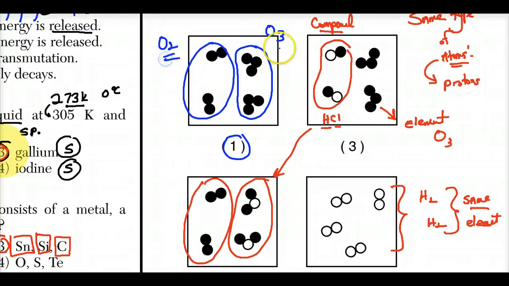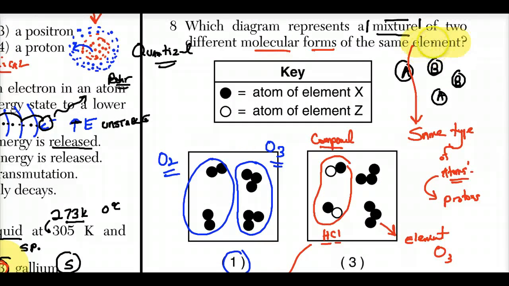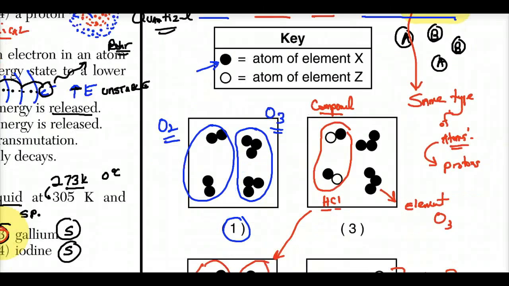They're both elements, but they have different molecular organizations or different shapes, and O2 and O3 have different properties because they have different structures. Remember, structure is king. So back to the question: the mixture of two different molecular forms of the same element. We have to have the same element, but just different structures. That's why 1 is the answer.